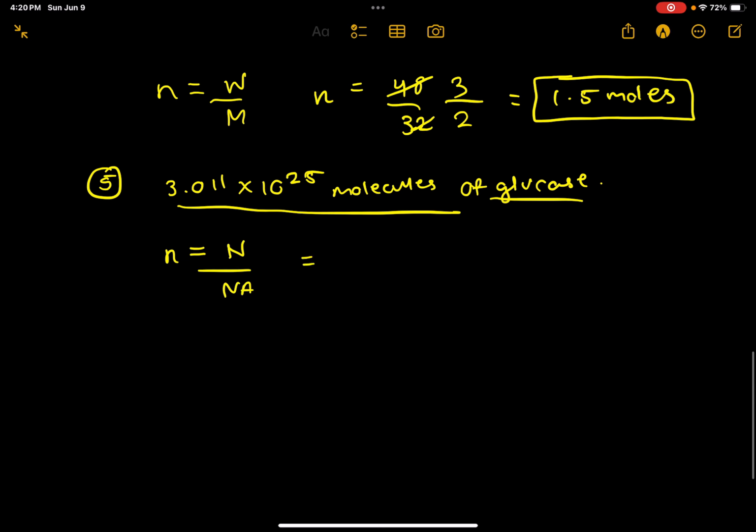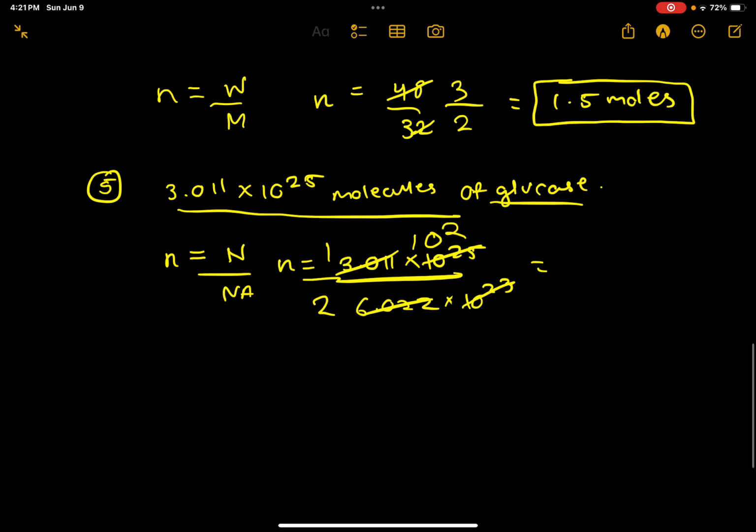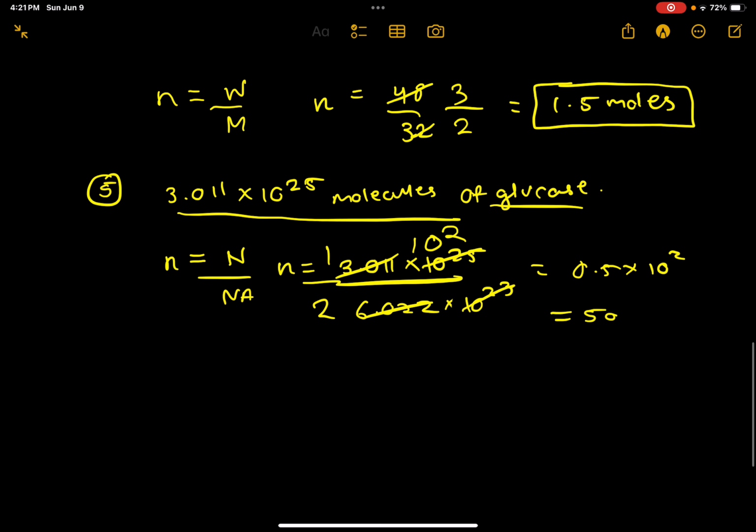That means n is equal to 3.011 times 10 to the 25th power upon Avogadro's number. Over here this is 1 and this is 2, and this right here is 10 to the power 2. So that means 0.5 times 10 to the power 2, which is equal to 50 moles.